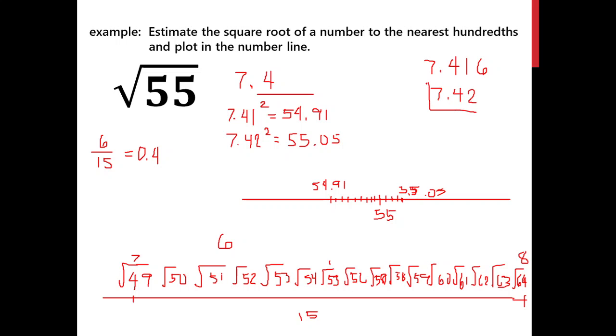So again, 7.41 and 7.42 are correct answers. Now, depending on your exam, if the choices are 7.41 and 7.42, then go with 7.42 as the best answer, because this one is closer to 55.